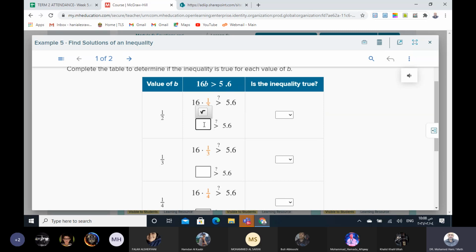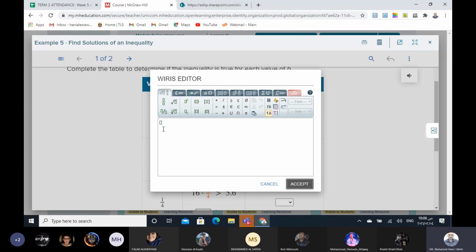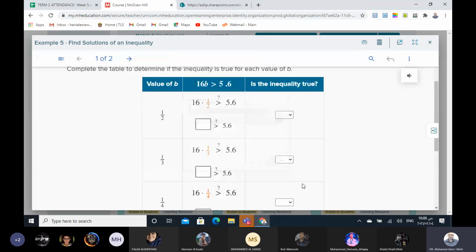Is 8 greater than 5.6? Yes, 8 is greater than 5.6.